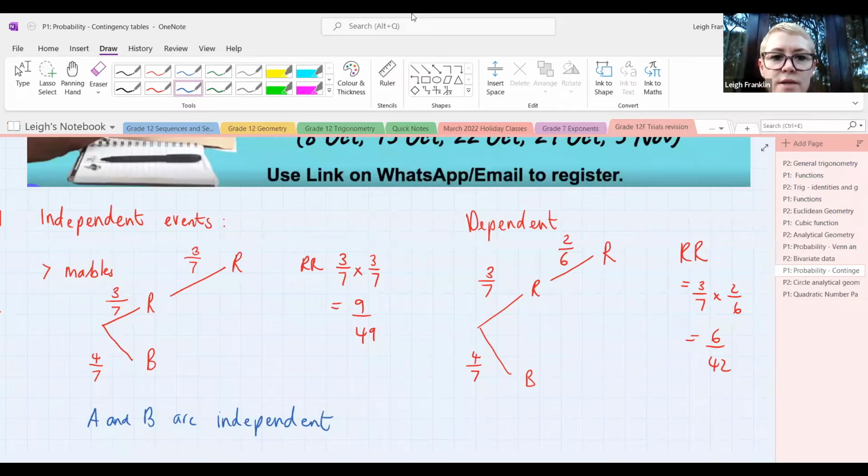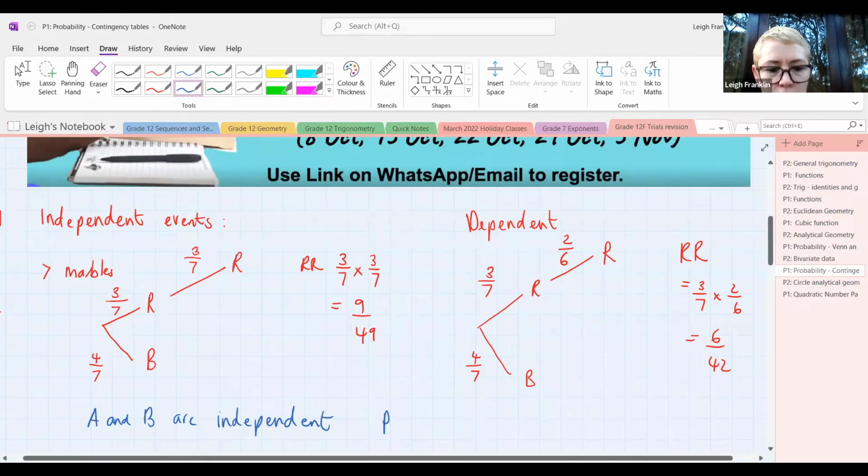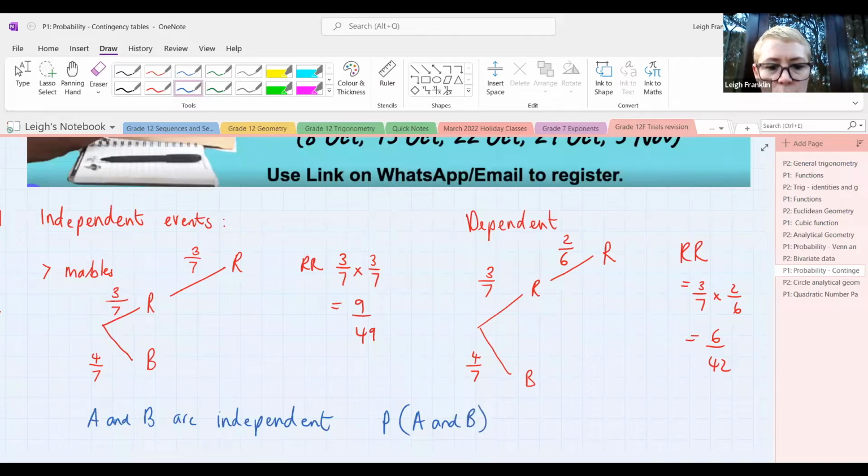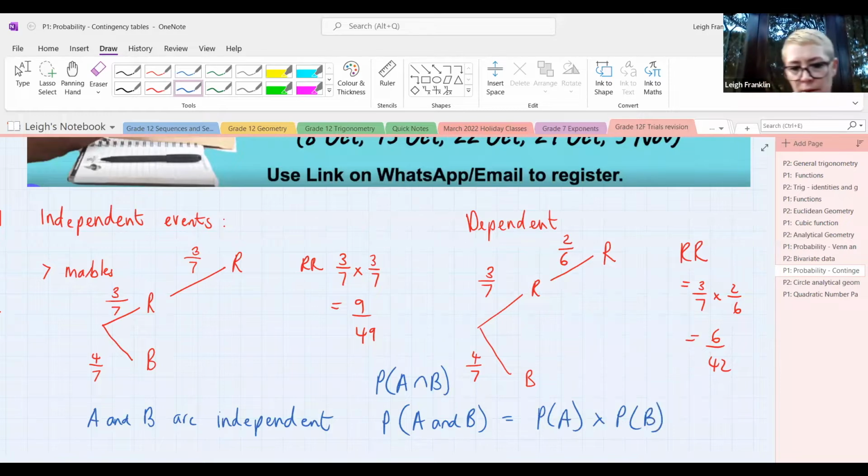Multiply, you're quite right, Nick. So in other words, the probability of A and B, and the other way that we can write that is the probability of A intersection B is equal to the probability of A times the probability of B.